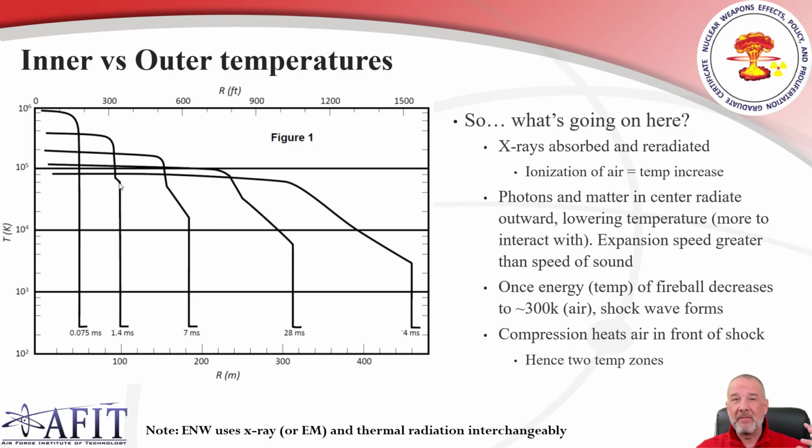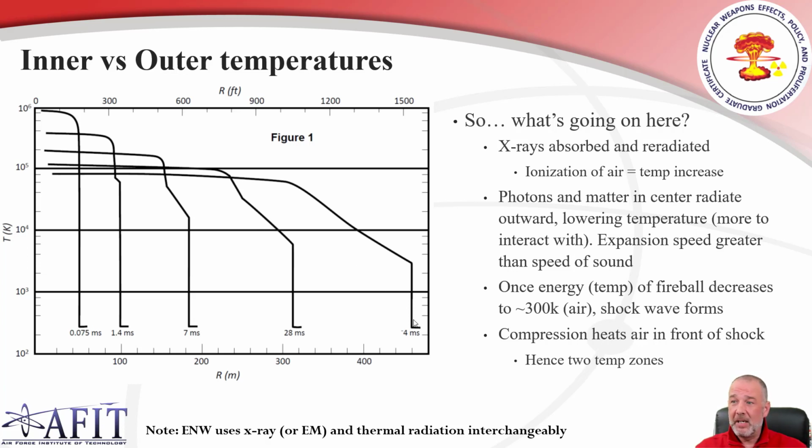So what we end up seeing is this apparent temperature when the shock front first separates, and it's got a lot of that pressure behind it. As it first separates, we're in tens of thousands of degrees. But as we successively move forward in time, we see that it drops down to 20,000, and then it drops down into the thousands of degrees at 28 milliseconds.